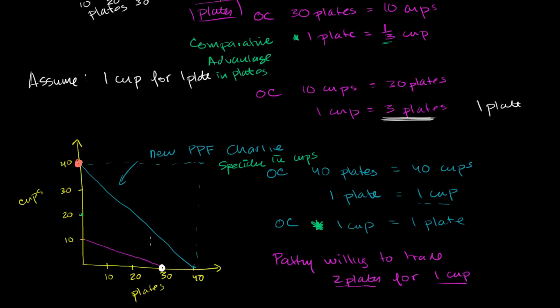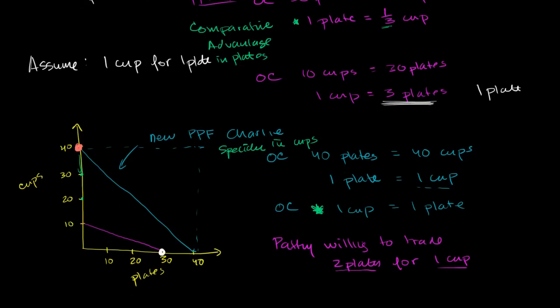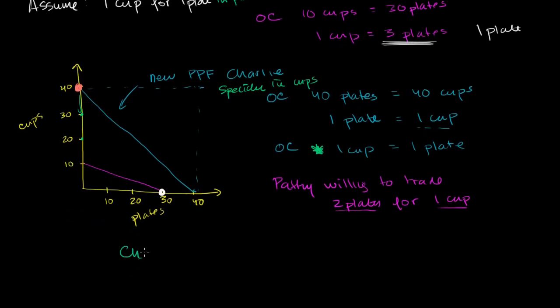So let's say he trades away 10 cups. So Charlie trades 10 cups for 20 plates. So now he traded 10 cups and he gets 20 plates.